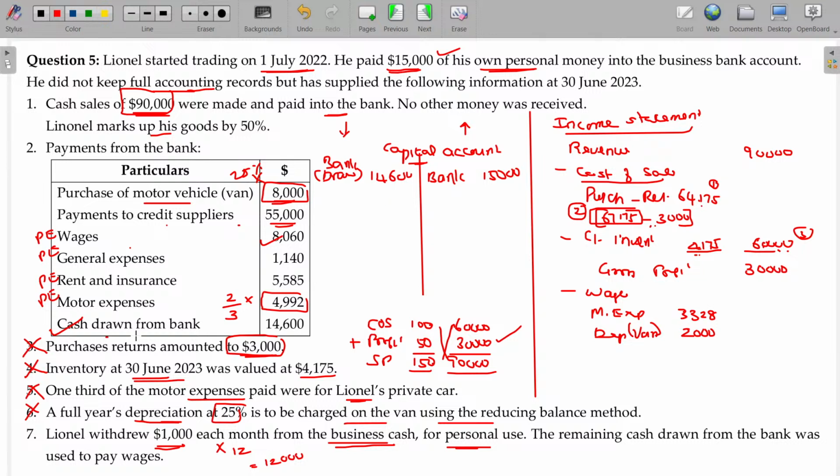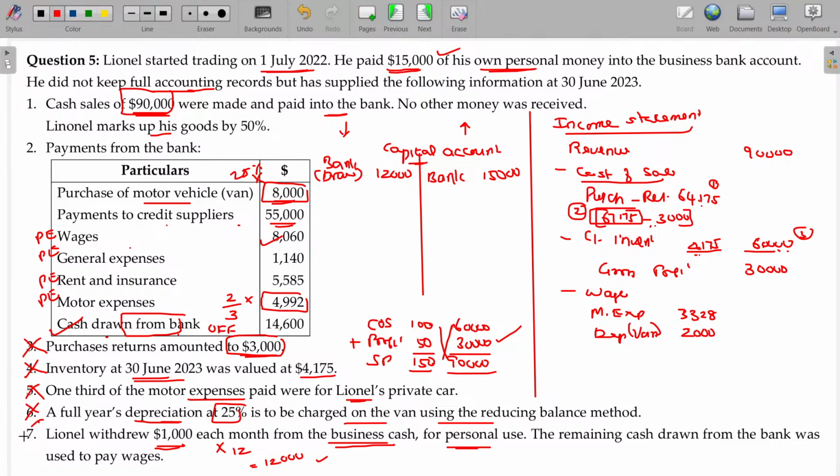Cash drawn from bank. Because there are two drawings, I'll put this 12,000 as one of the drawings here. Be careful with that. Cash withdrawn from the bank may be for official or personal purposes, so here it is assumed to be for official purposes.